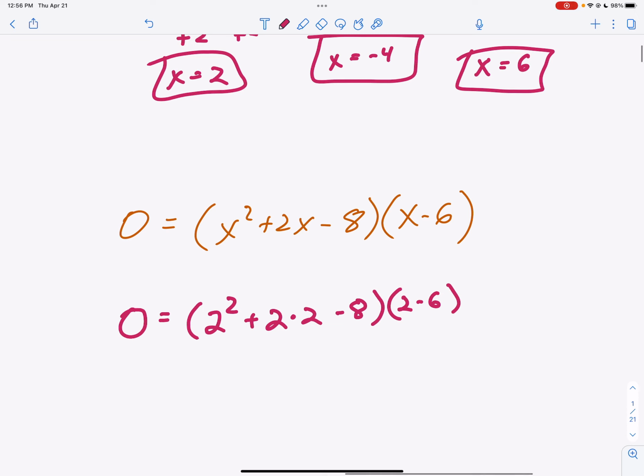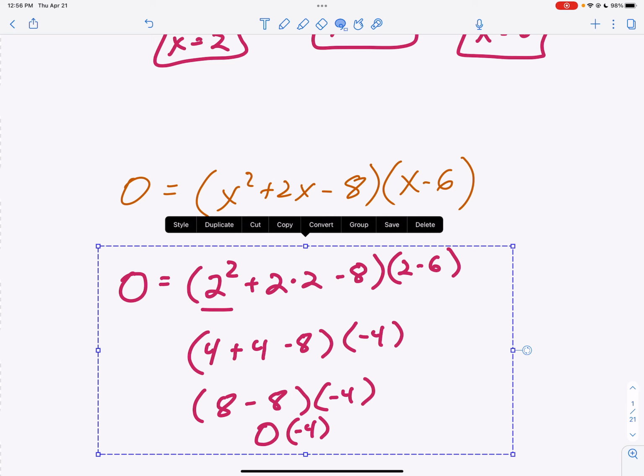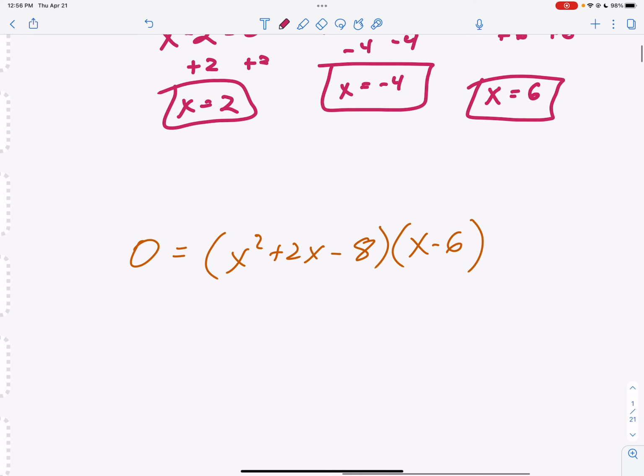So 2 squared is 4, plus 4, because that's 2 times 2, minus 8. And then this right here is negative 4. I'm just simplifying as I go. 4 plus 4 is 8. Now, obviously, you don't need this many lines, but 8 minus 8 is 0, times negative 4. 0 times negative 4 equals 0. So this one is true.